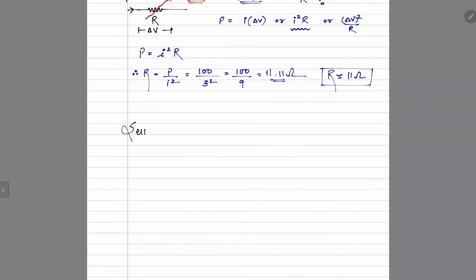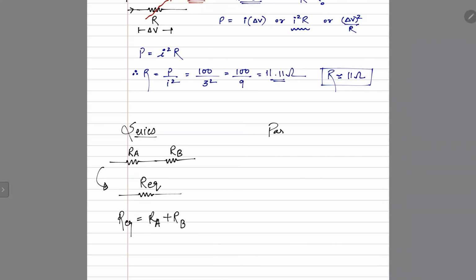If you have series combination, then if this is RA and this is RB, then this can be represented by R equivalent, just one single resistance, and R equivalent is nothing but RA plus RB.